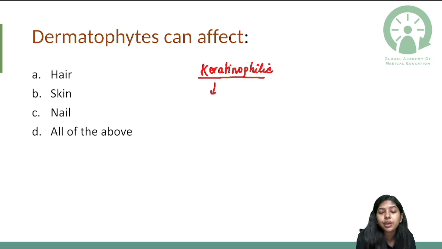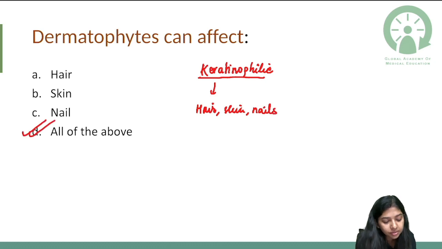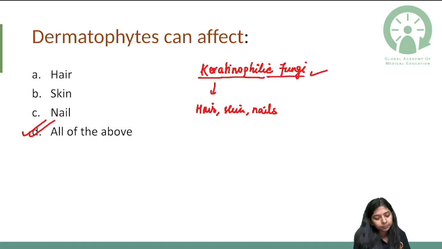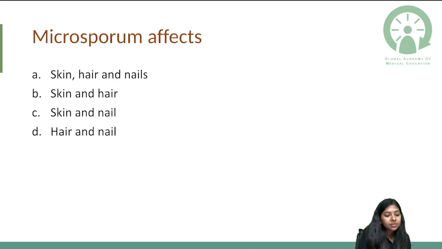It has an affinity for keratin, so it will affect hair, skin, nails, all, right? So the answer is all of the above. Next question is microsporum affects skin, hair and nails, skin and hair in different combinations.